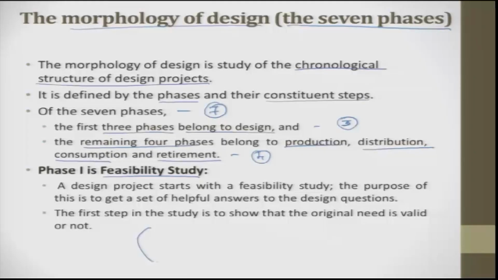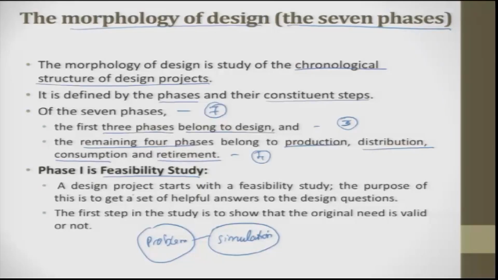In engineering also we tell the students the same. You have a problem or you have a process, what you do is first try to do a simulation and then see whether it is feasible to develop a solution for this problem. If it is not so, we try to scrap the idea. So, a design project starts first with a feasibility study.